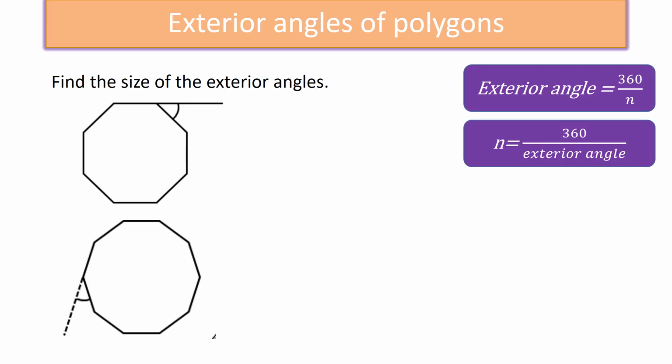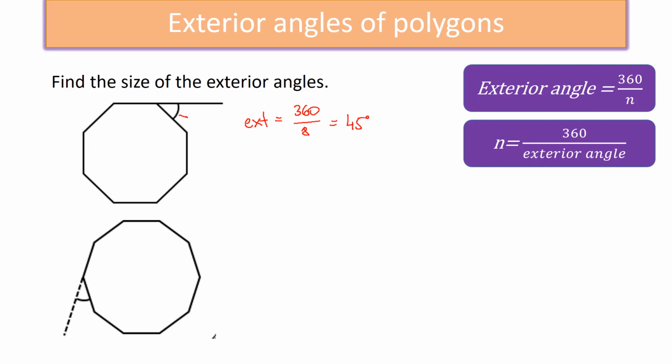In the first example, I have a shape with 8 sides. It's a regular polygon, so I can work out the size of the exterior angle. I know that all the angles need to add up to 360, so I need to divide 360 by the number of sides, which is 8, and that gives me 45 degrees.